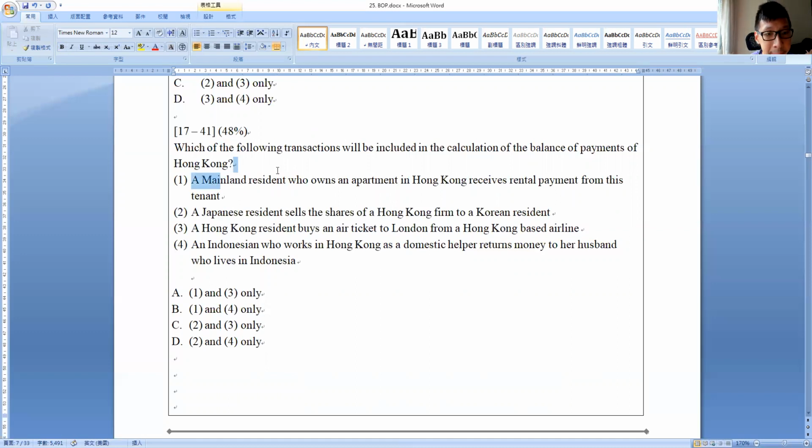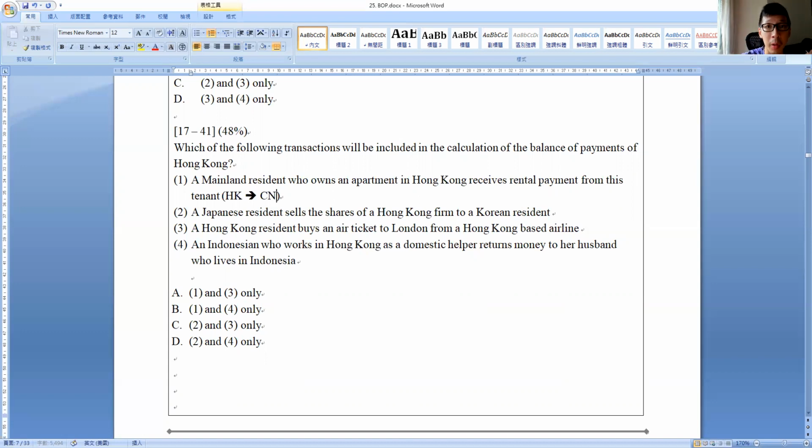First, a mainland resident who owns an apartment in Hong Kong receives rental payment from his tenant. So we are going to assume the tenant in Hong Kong would be a Hong Kong resident, right? Renting a flat in Hong Kong, I guess they should be Hong Kong people. So this Hong Kong resident is paying money to a mainland resident.